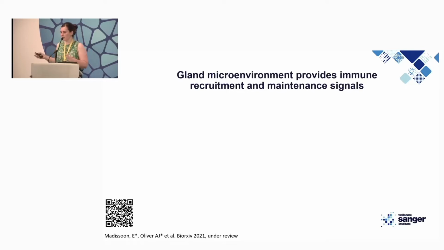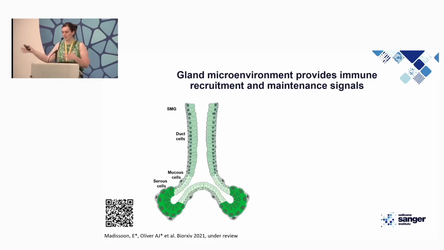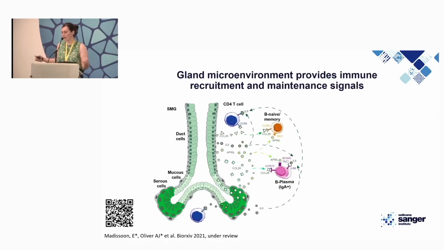But as a schematic representation of the gland microenvironment, again, we have this submucosal gland structure which produces mucus to line the airway surface, and the various epithelial cell types involved. And these epithelial cells express chemokines that are key for recruiting immune cells to this niche. And then when these immune cells are there, they're maintained by key signaling molecules IL-6 and APRIL, which are important for immune cell survival and IgA plasma secretion.